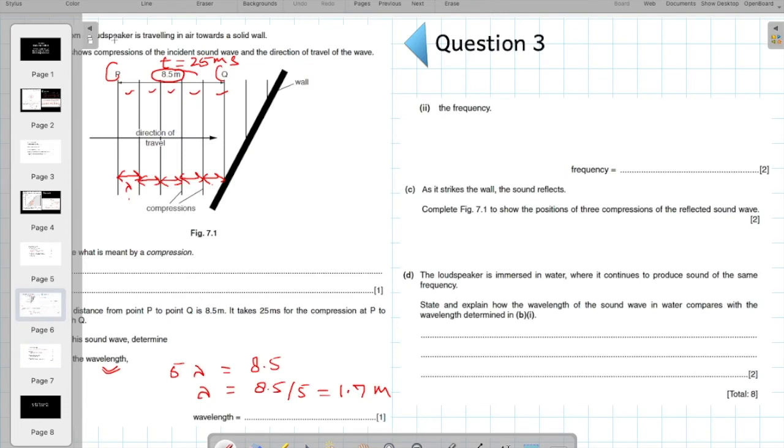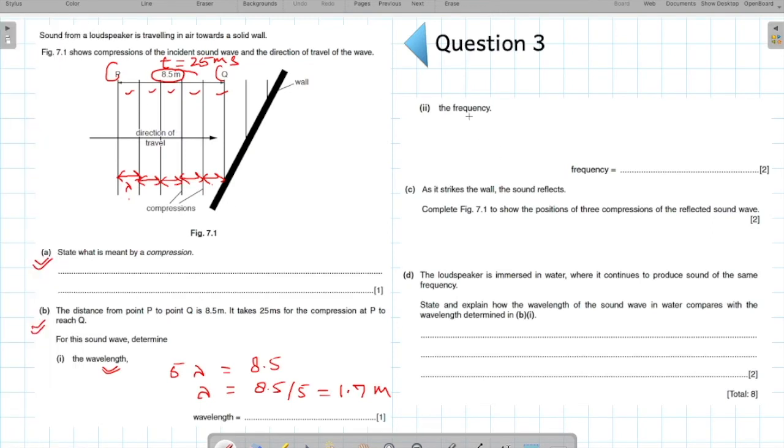Let's come back to the question. How much is the frequency? Let us write the formula. V is equal to F lambda. So F is V over lambda. So what is the speed of the wave?